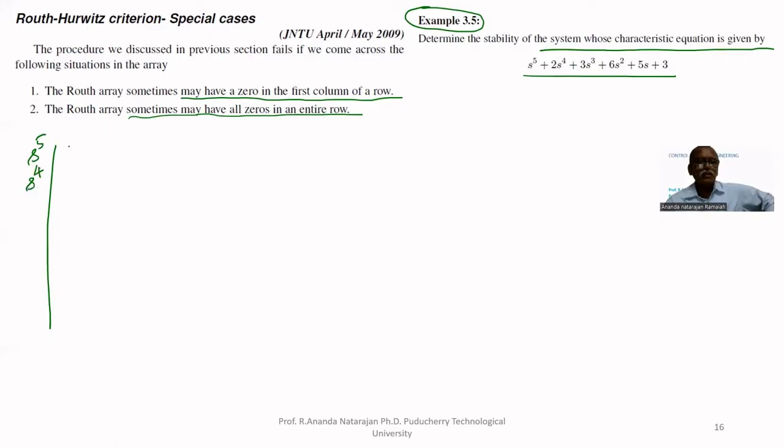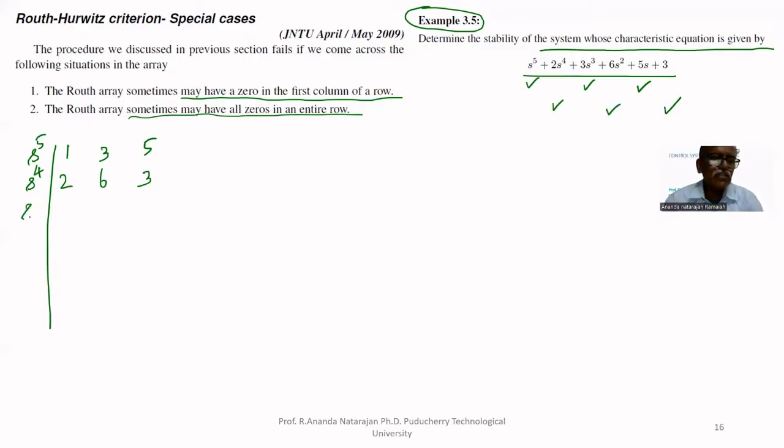In the first row we write 1, 3, 5. In the second row we write 2, 6 and 3. So the first 2 rows we got.